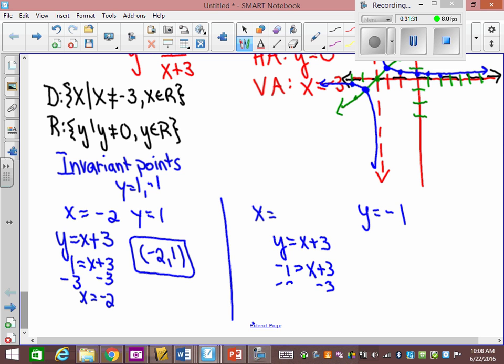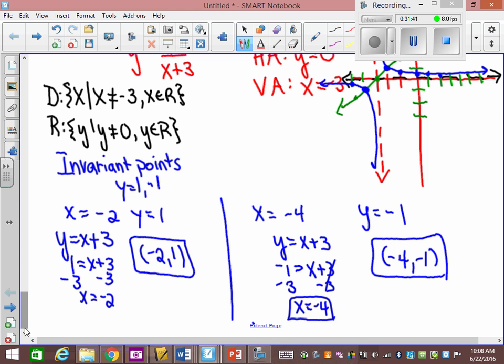Subtract 3. X equals -4. So you're at -4 and -1 is your other invariant point, which we could see off the graph. It's basically reciprocals.